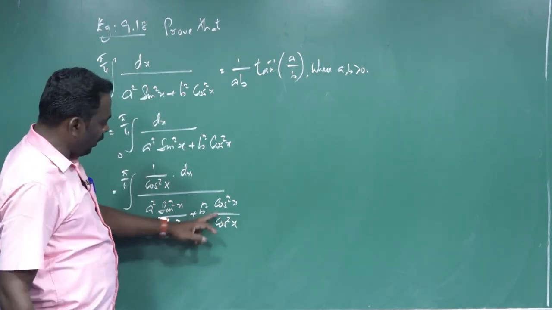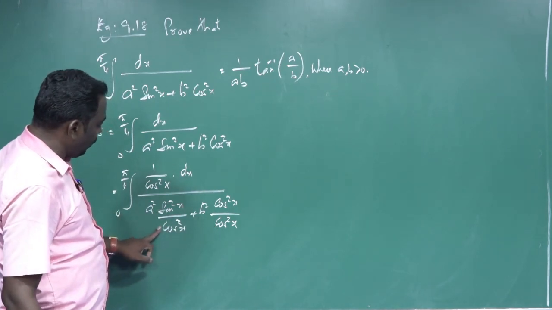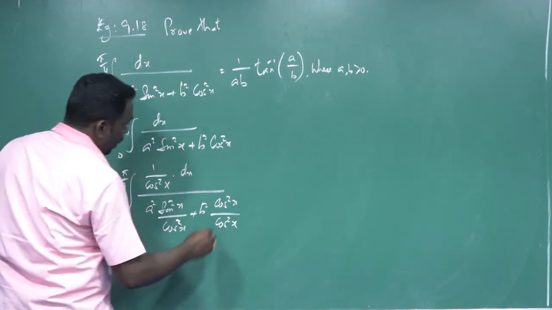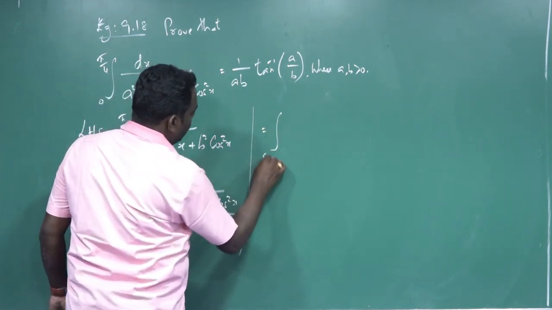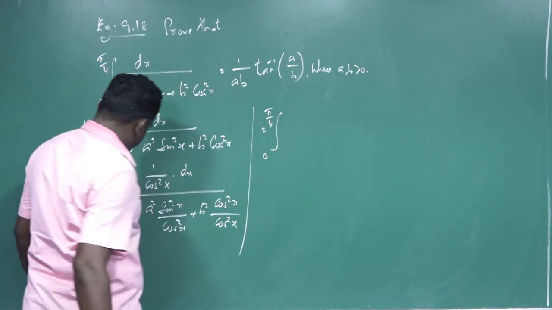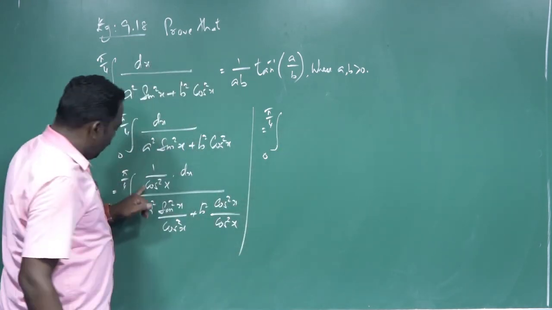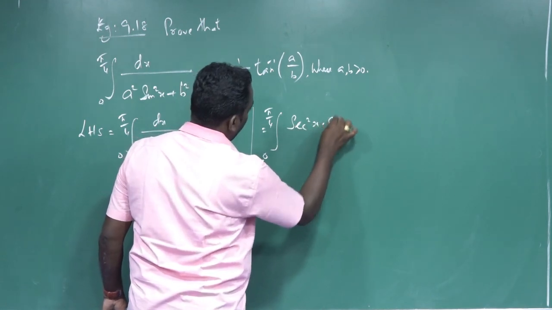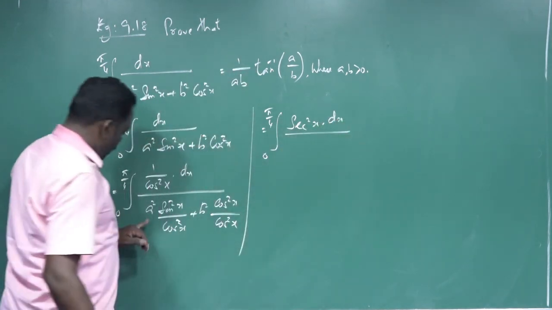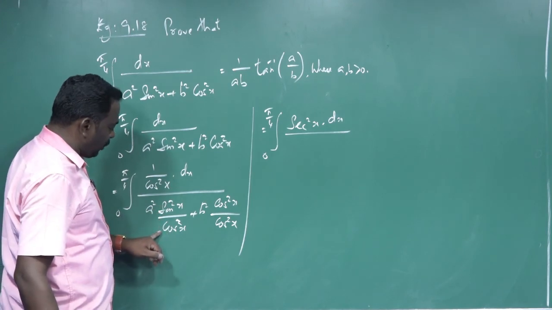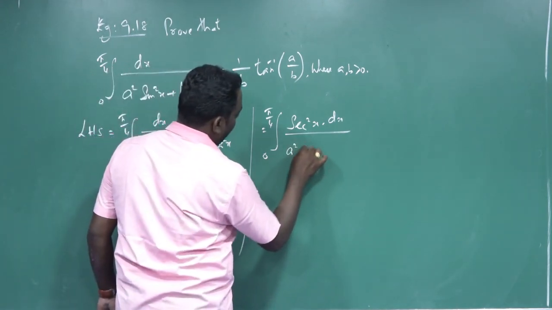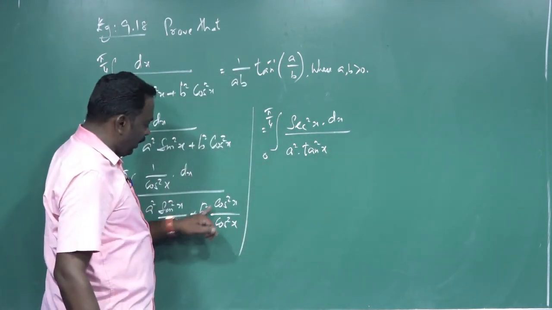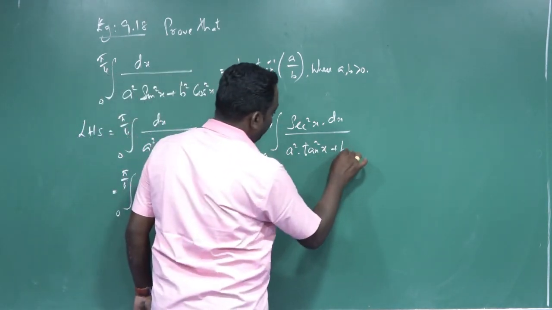So cos square will cancel, sin by cos equals tan, 1 by cos square equals secant square, and that is equal to integral 0 to pi by 4 of secant square x dx by a square tan square x plus b square.